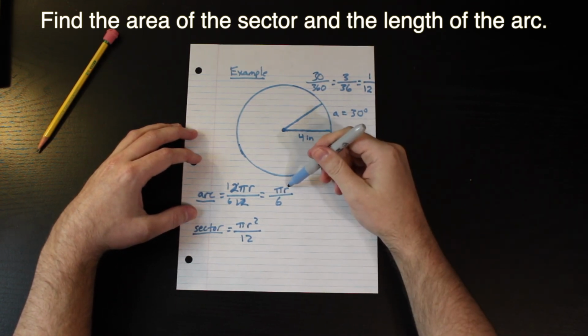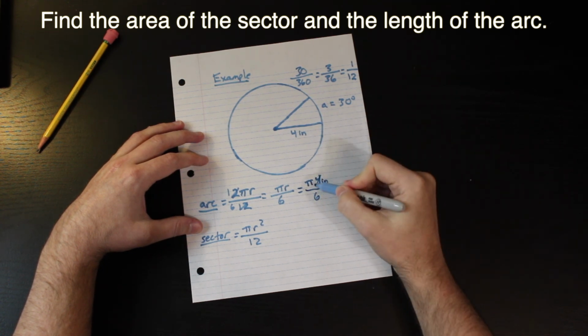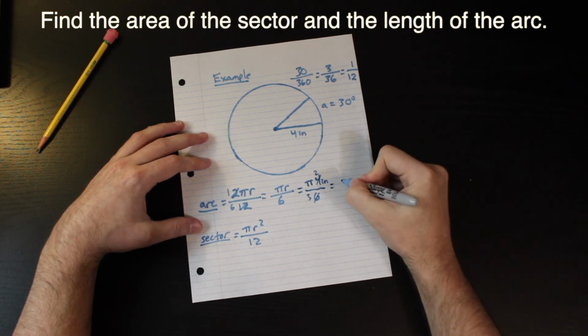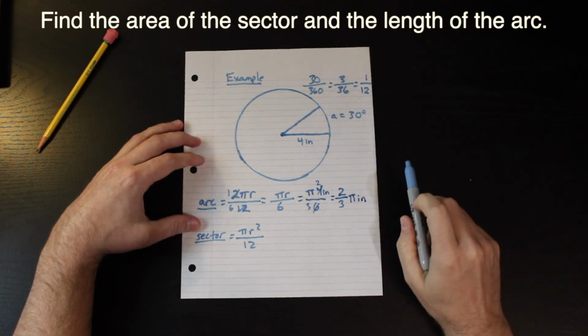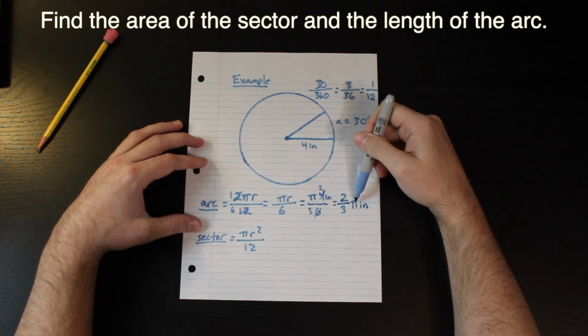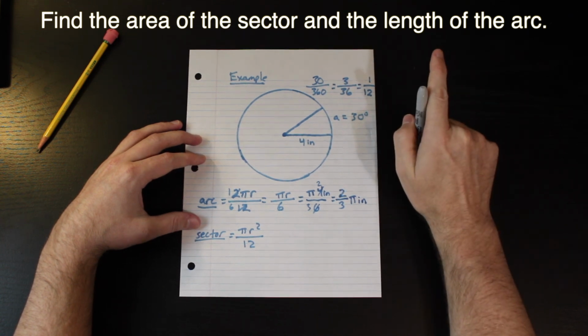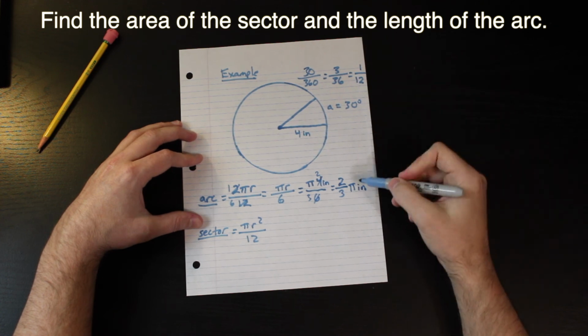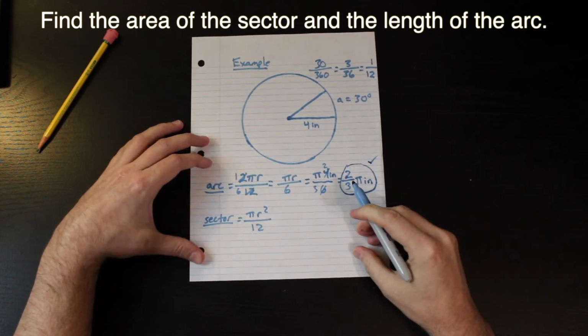Pi times the radius over 6 is pi times 4 inches over 6. 4 over 6 reduces to 2/3. If we were told to use 22 over 7 or 3.14 as an estimate of pi, we would now multiply that estimate by 2/3. But the problem says leave pi as pi, so our answer for the length of the arc is 2/3 pi inches.